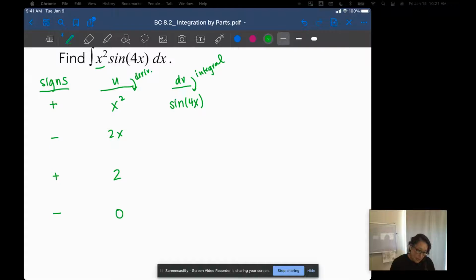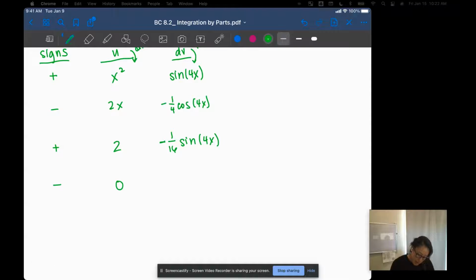The antiderivative of sine of 4x would be negative cosine of 4x, divided by the derivative of the inside. So negative 1/4 cosine 4x. And then the antiderivative of cosine is sine, so it's still going to be negative because there was already a negative. So sine of 4x, and then we have to multiply the 1/4 by 1/4, which gives me 1/16.